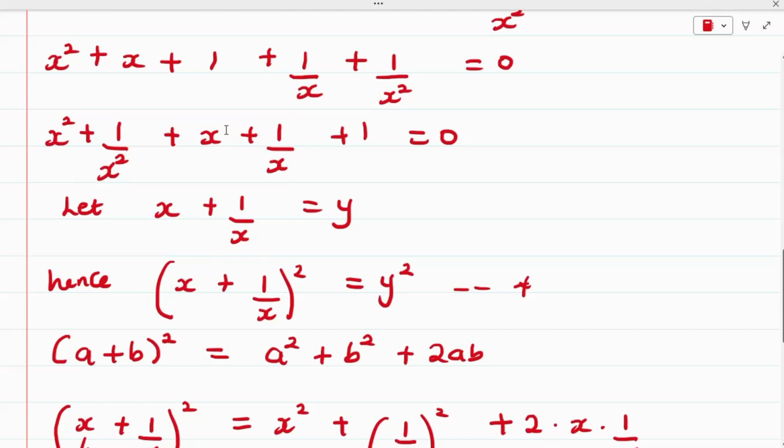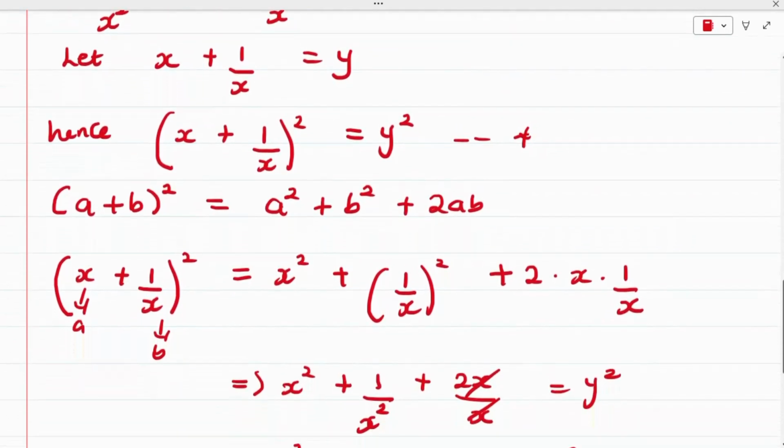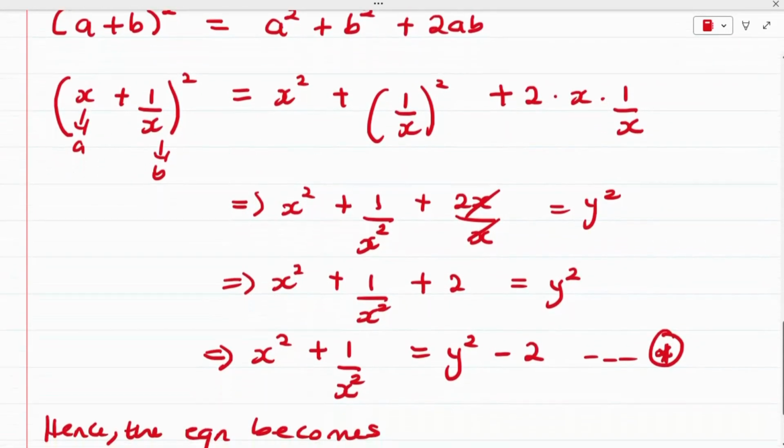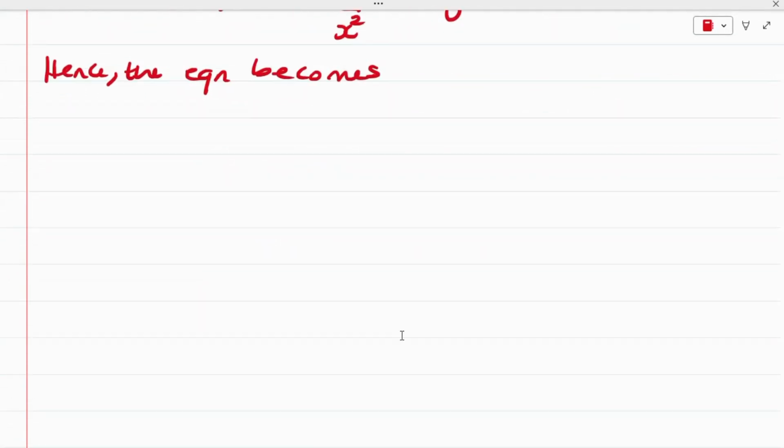Hence, the equation becomes, we want to simply recall that from this point we have that x squared plus 1 over x squared plus x plus 1 over x plus 1 is equal to 0, and we said that let x plus 1 over x be equal to y, and now we have been able to find the value of x squared plus 1 over x squared. So simply substituting y and y squared minus 2 into this equation. So I'm going to rewrite the equation right here and simply fix it inside. From here we have that x squared plus 1 over x squared plus x plus 1 over x plus 1 is equal to 0.